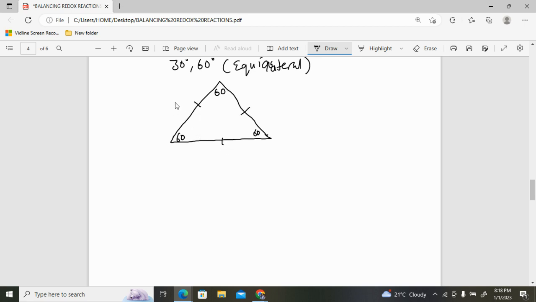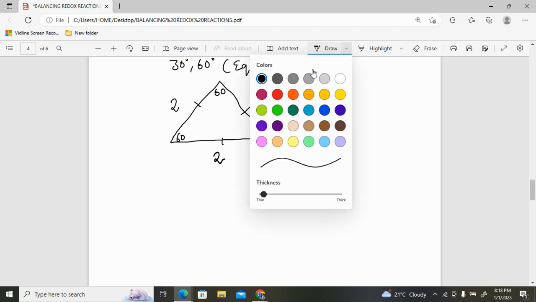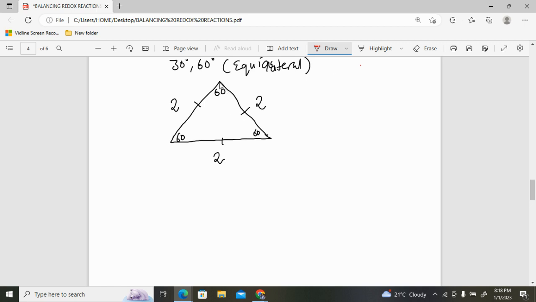And for this triangle, we are going to take each side to be 2 units. It's units, not centimeters or meters or whatsoever, just units. So when you do that, I'm now going to cut this triangle into 2 halves on the very middle. That means this distance is going to be 1, and this distance is also going to be 1. Since I've cut it on the middle, this is going to remain as 90 degrees.